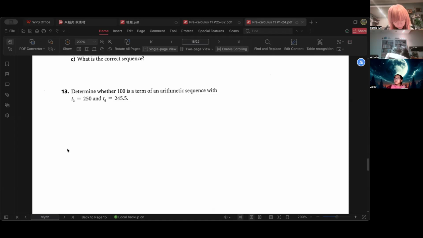For this one, is it finding which term 100 is, or is 100 a term? It's 100. This number is a term in this set.